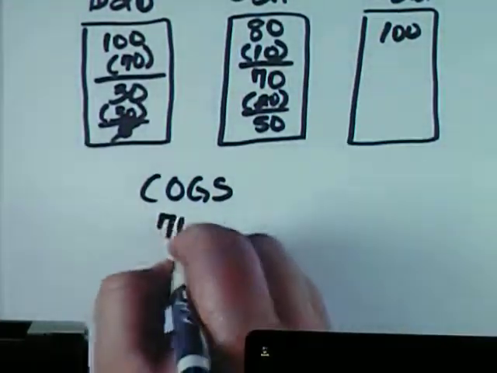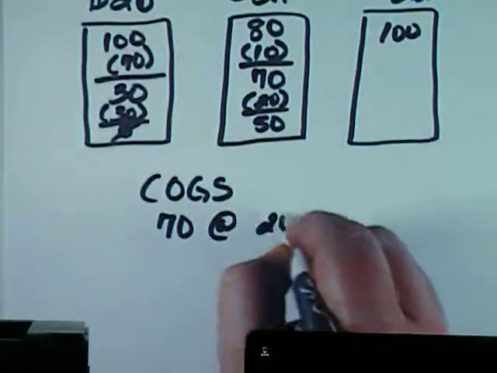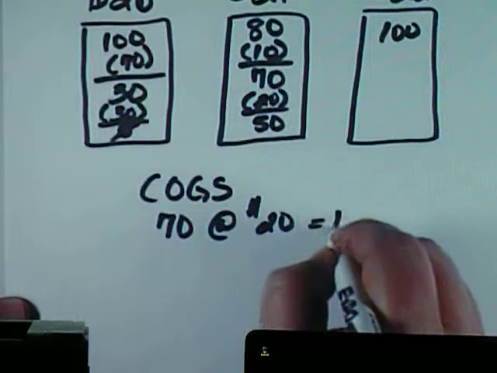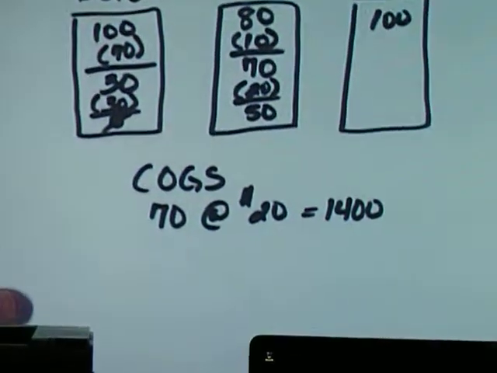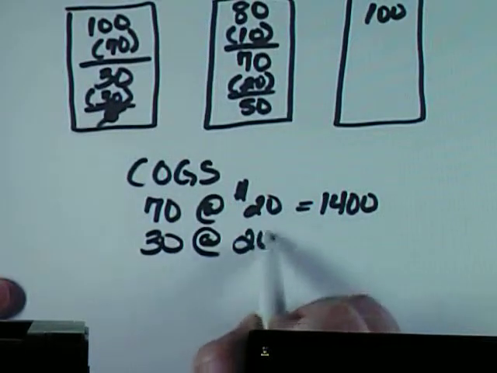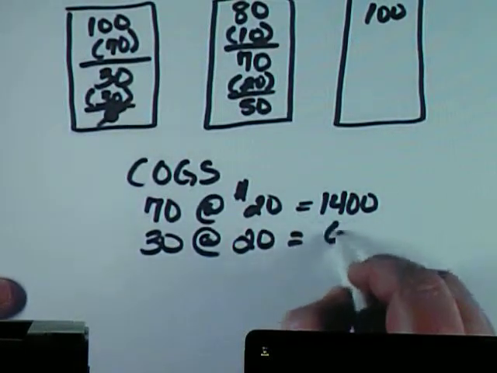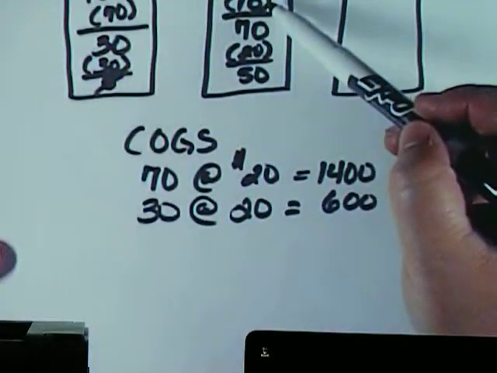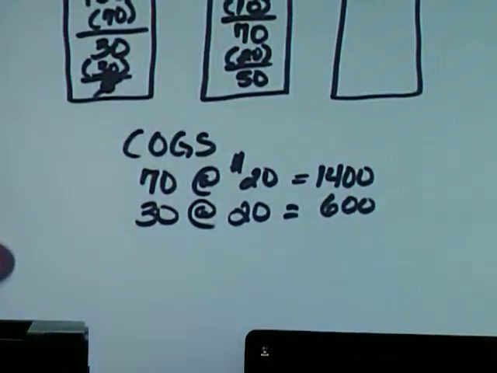we sold 70 units at a cost of $20 each, and that cost us $1,400. We sold 30 units at $20 each, which cost us $600. We sold 10 units in the $21 bin.